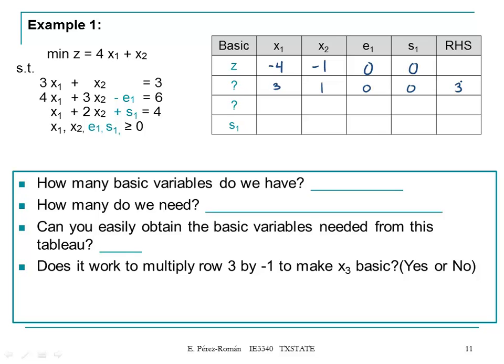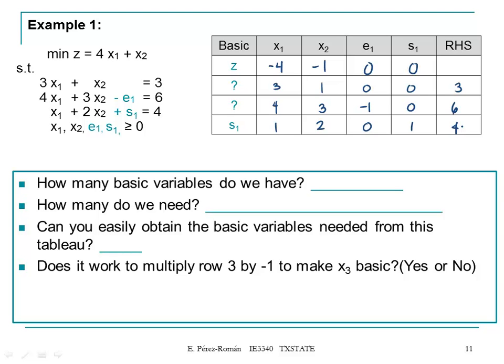For the second constraint, we have 4, 3, -1, 0, 6. And for the third constraint, we have 1, 2, 0, 1, and 4. Okay, so that's our initial tableau.